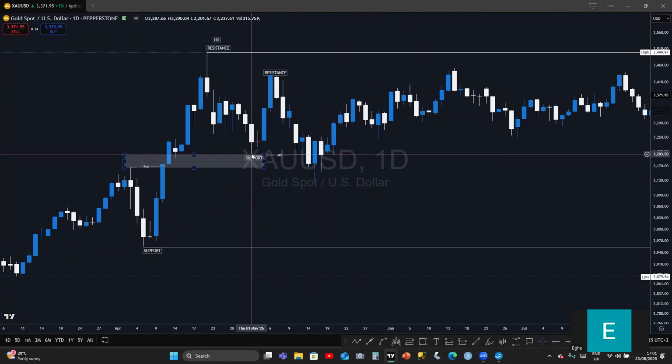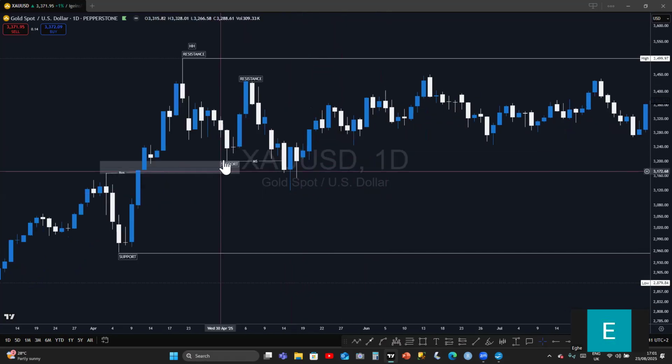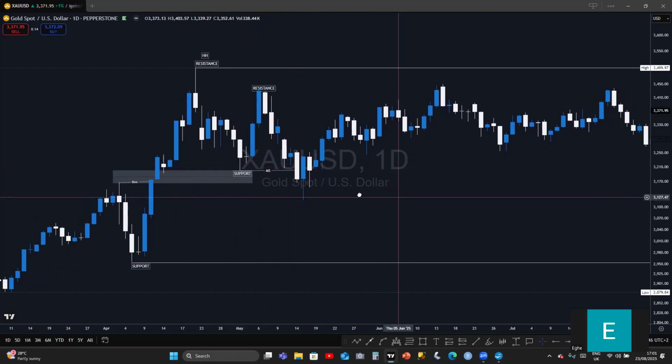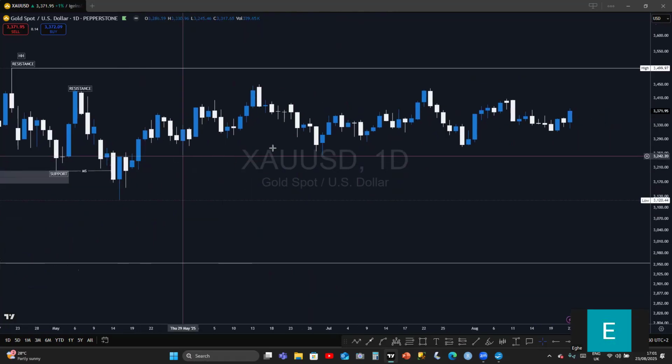It's not supposed to be. If price gives you something like this, it has violated the order flow. So you see, after this now, what happened? You just see sideways. Price is not really doing anything.